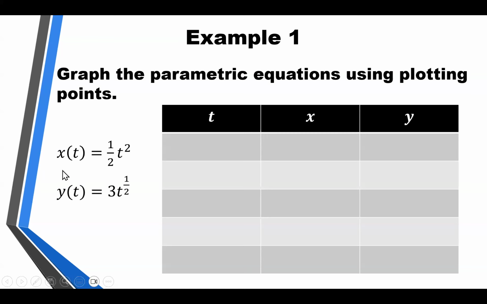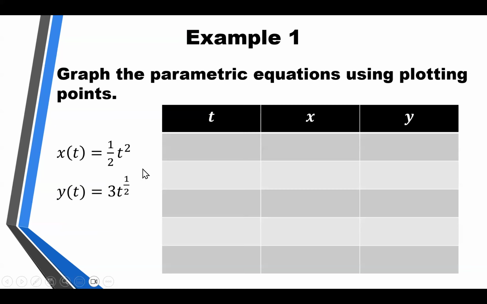My set of parametric equations is that x is equal to 1/2 t squared, and my y coordinate is going to be given by 3 times t to the 1/2. There are a lot of different notations people use in parametric equations. Some people use x of t, like the x value is a function of t, and this is that function of t.